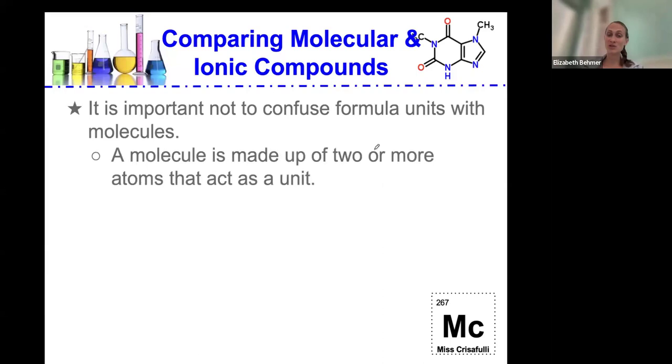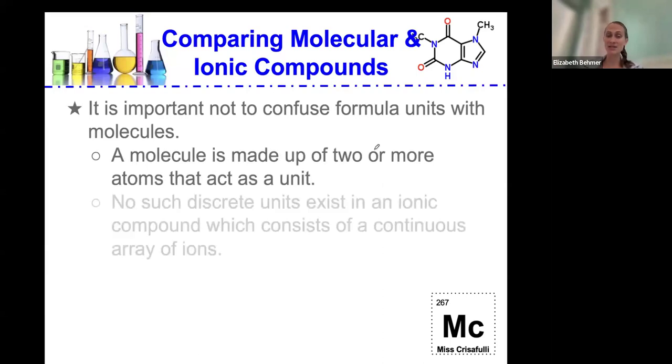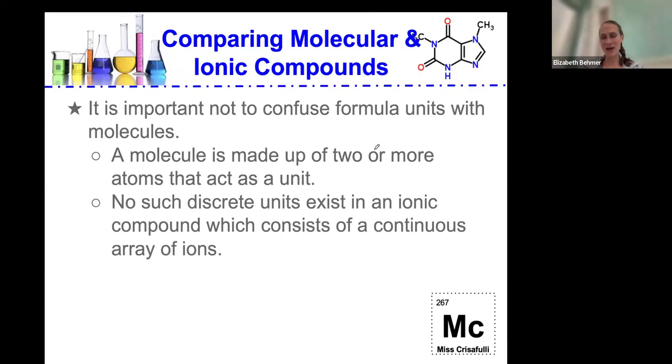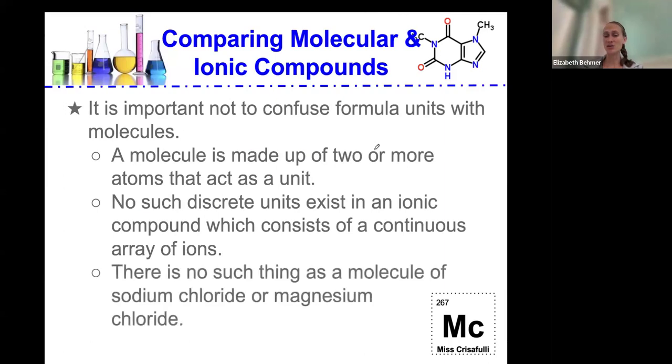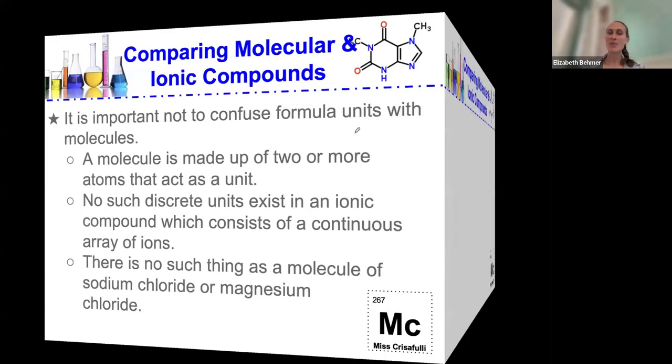A molecule is made up of 2 or more atoms that act as a unit. No such discrete units exist in an ionic compound, which consists of a continuous array of ions. And there's no such thing as a molecule of sodium chloride or magnesium chloride. Those are formula units. So ionic compounds and molecular compounds are a little different.